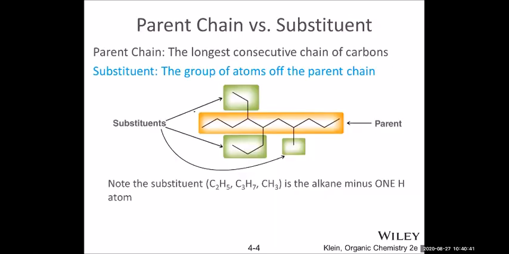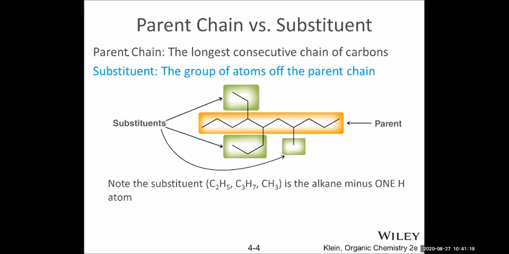First, what is the parent chain? The parent chain gives us the last name of the compound. It is supposed to be the longest consecutive, non-break chain. Substituents, in organic chemistry, we basically call side chains, the smaller pieces.